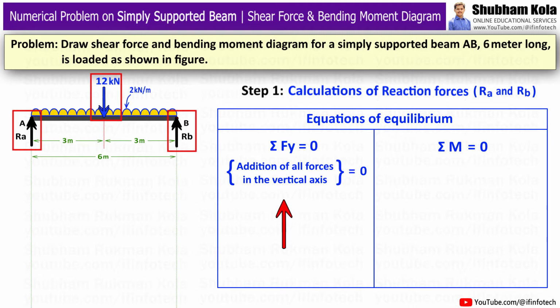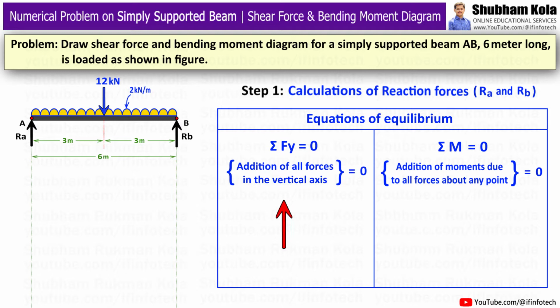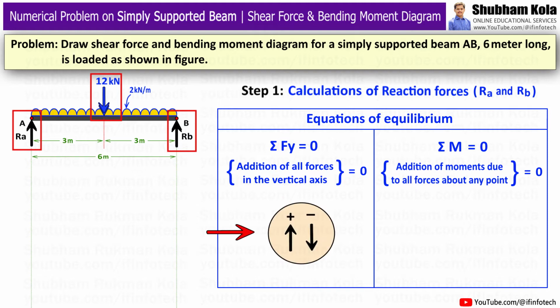That means addition of forces in the vertical axis equal to 0. And the second equation is summation of moment equal to 0. In the first equation, while I am doing the addition of all vertical forces, I will consider upward forces as positive and downward forces as negative.